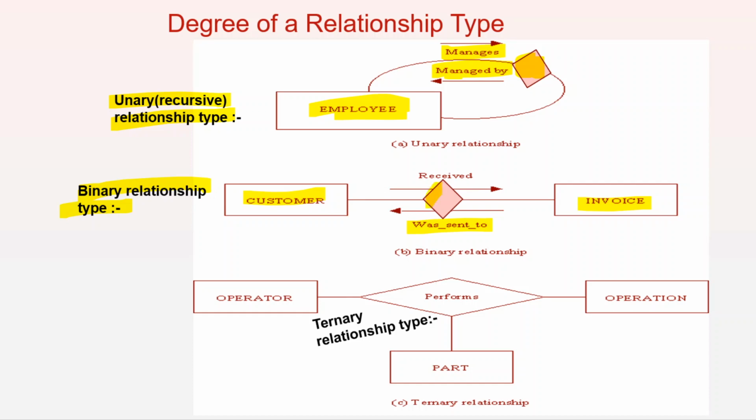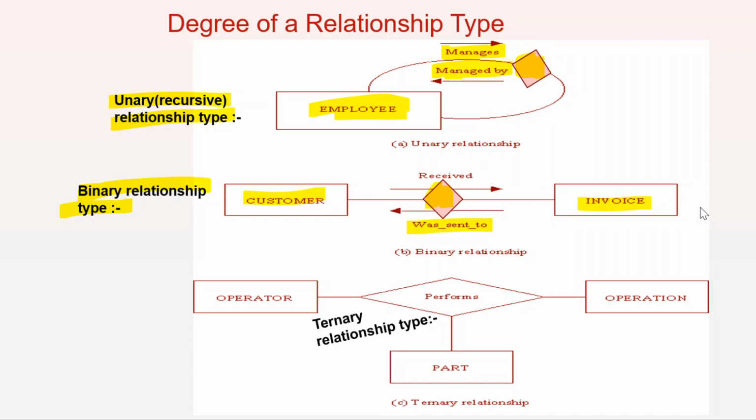This diamond box can be named accordingly: reading left to right, it will be named received, and reading from right to left, the relationship will be named was sent to. So invoice was sent to customer, right? This is the type of binary relationship where two entities are involved. For example, employee manages department is also a binary relationship.